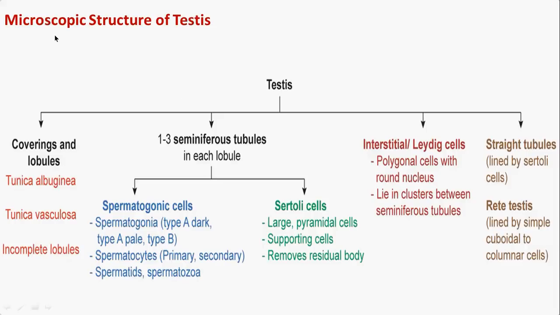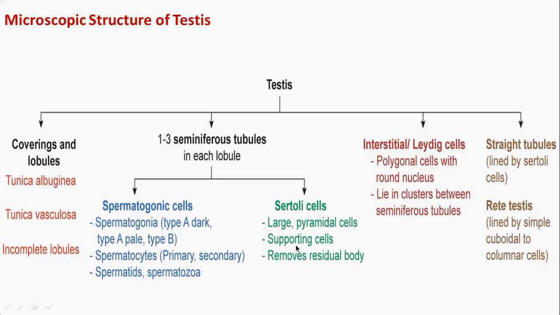We will see the microscopic structure of the testis. In the testis we will see the coverings and the lobules, that is the tunica albuginea and the tunica vasculosa. About the seminiferous tubules, there are 1 to 3 seminiferous tubules in each lobule, in which there are spermatogenic cells and the Sertoli cells.